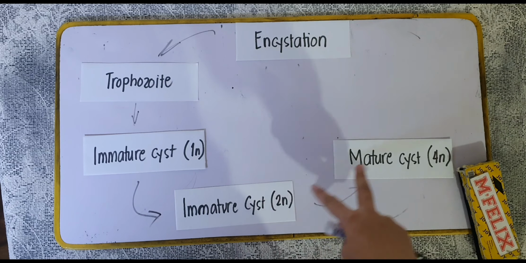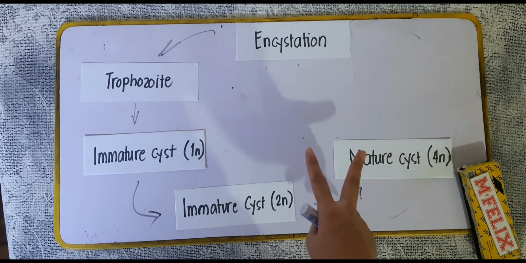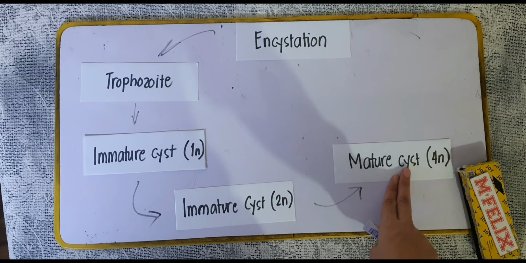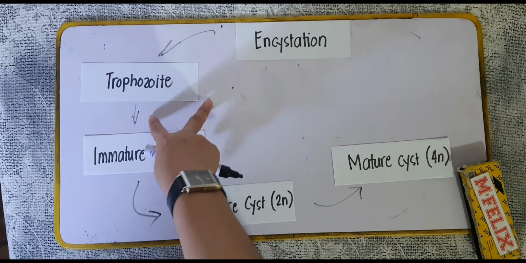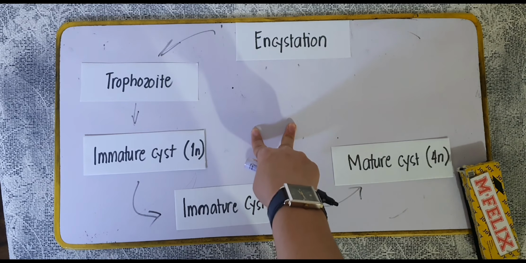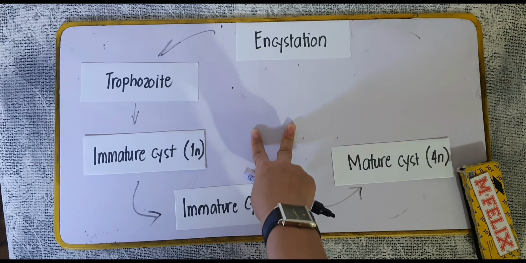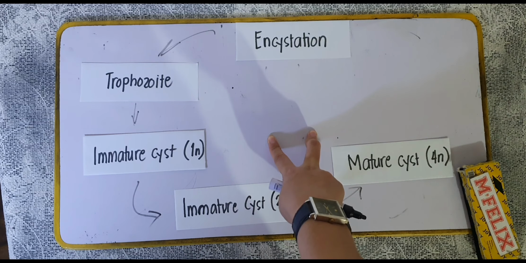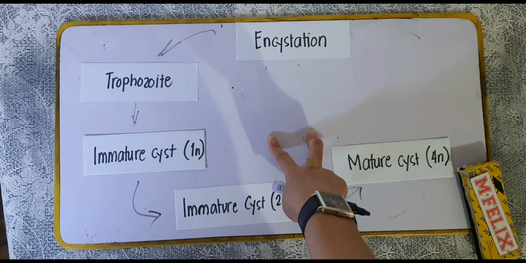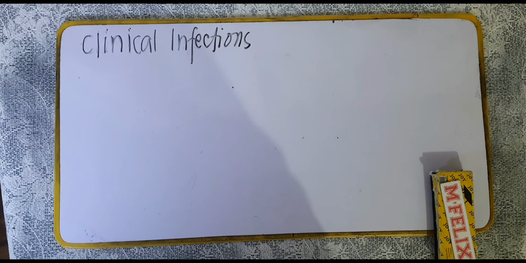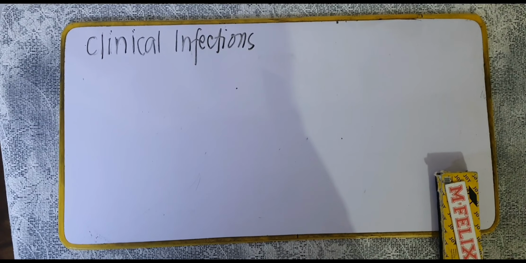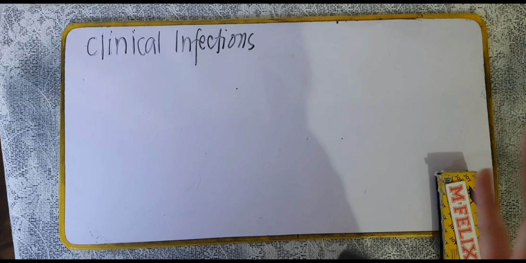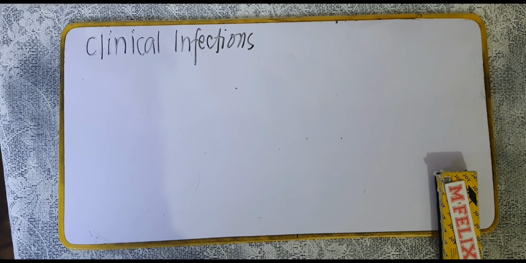Now, by looking at this picture, class, both your mature cyst and a trophozoite are also considered the diagnostic stage, the diagnostic stage of amoebiasis. Now, let us go over the clinical infections caused by Entamoeba histolytica.